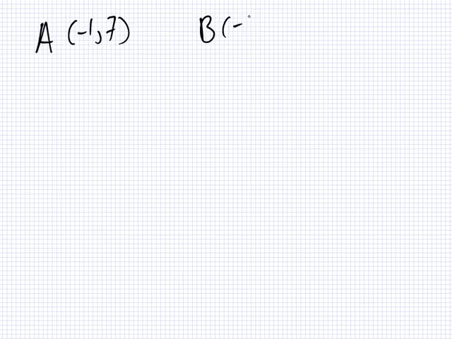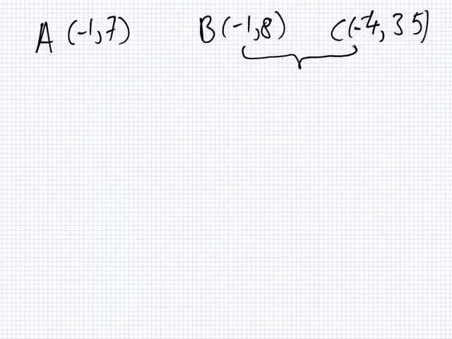Let's see. Right, so A is minus 1, 7. B is minus 1, 8. And C is minus 4, 35. Okay, so first we'll use these two to get the m.